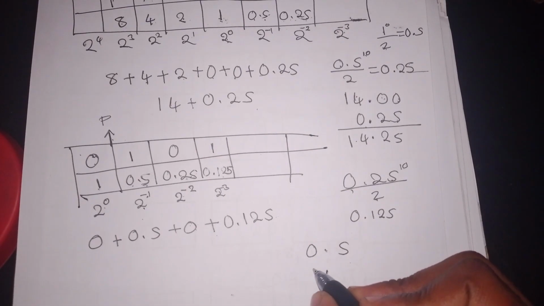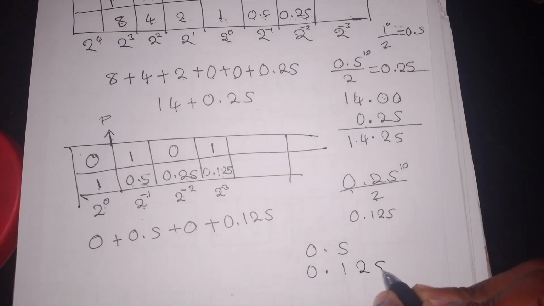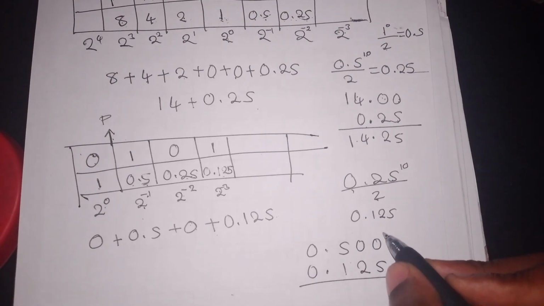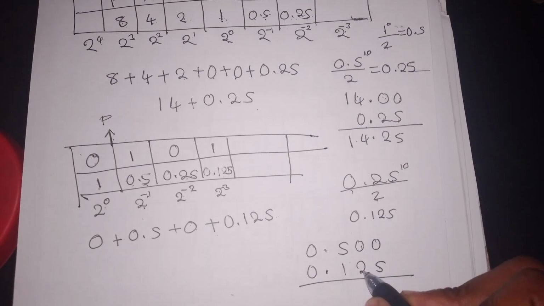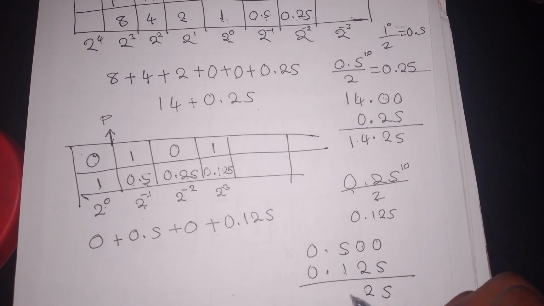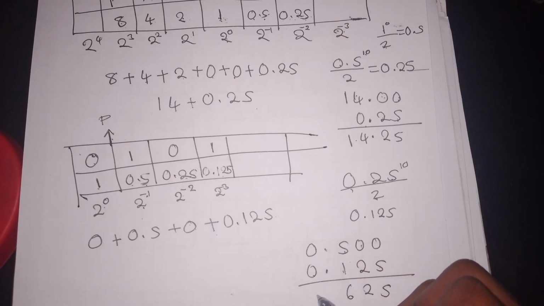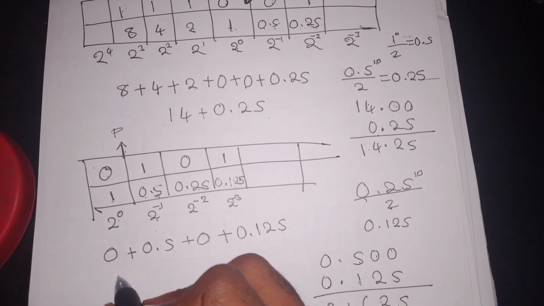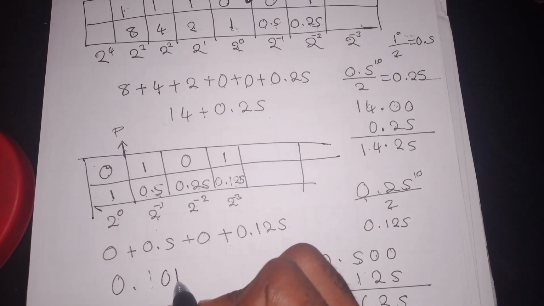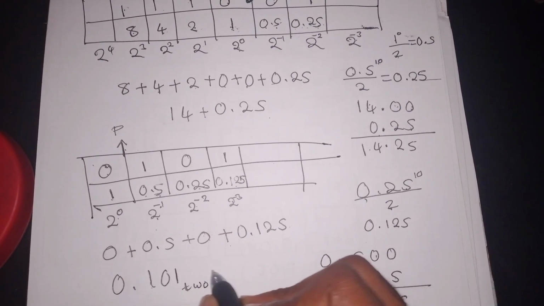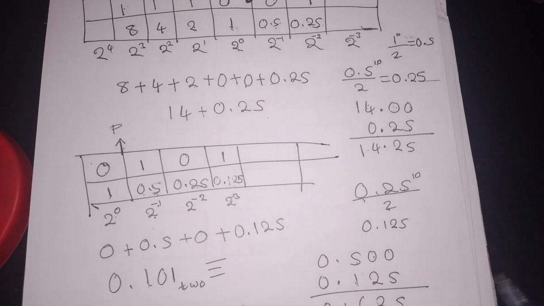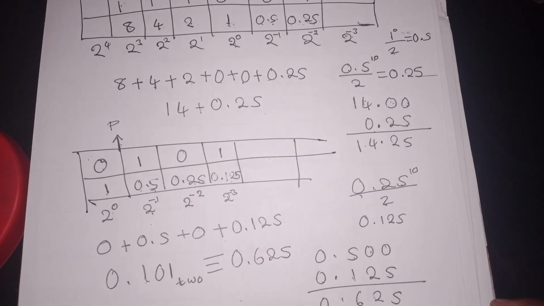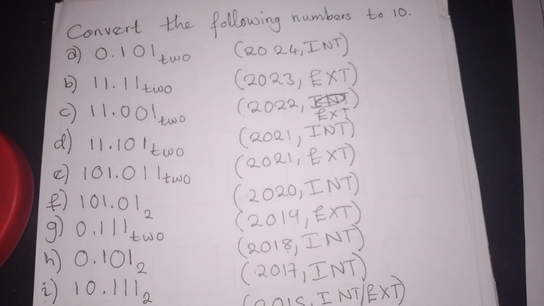The other numbers are just zeros, so you can ignore them, or even put zeros there to balance the numbers up. This plus this is 5. This plus this, you have a 2. This plus this, you have a 6. Then this plus this is still a 0. Then you have your decimal point. So the number 0.101 in base 2 is equivalent to 0.625 in base 10.